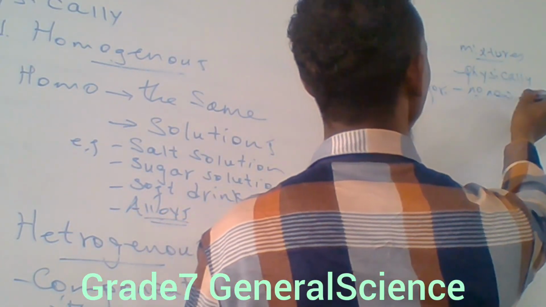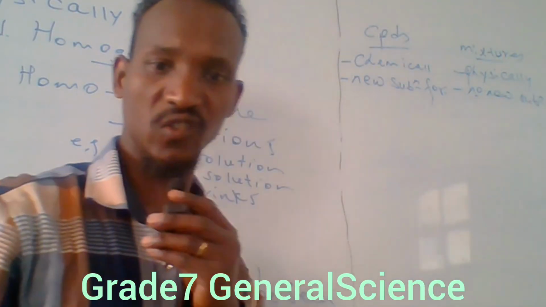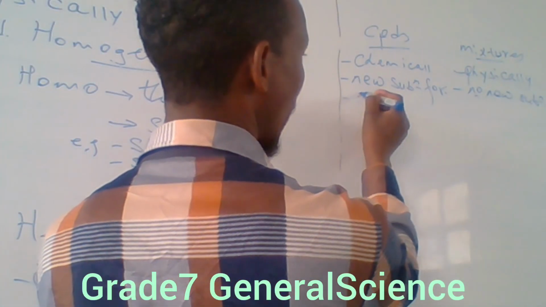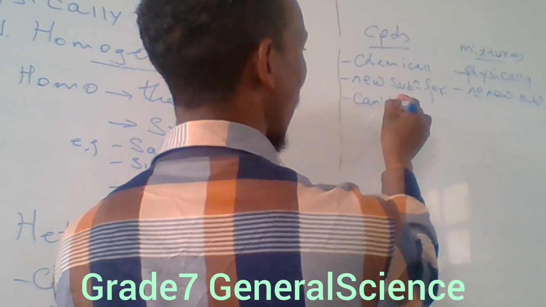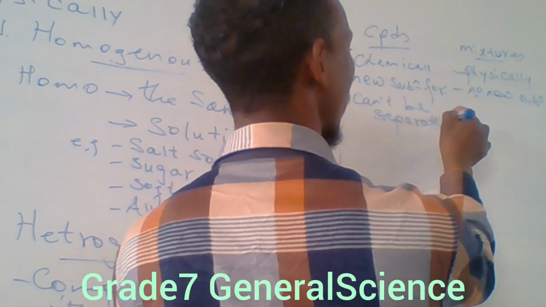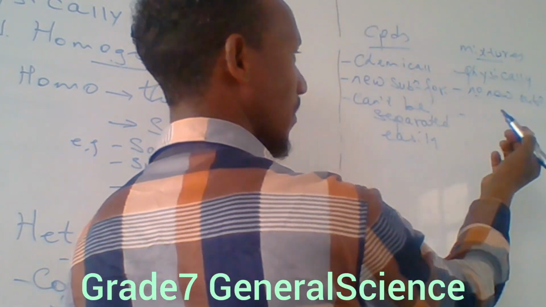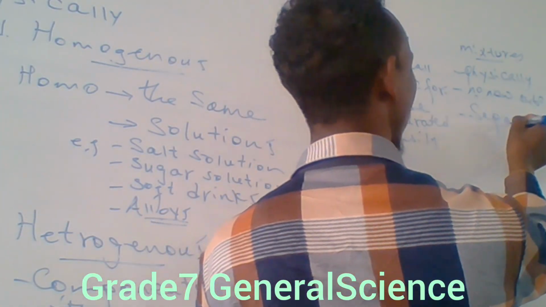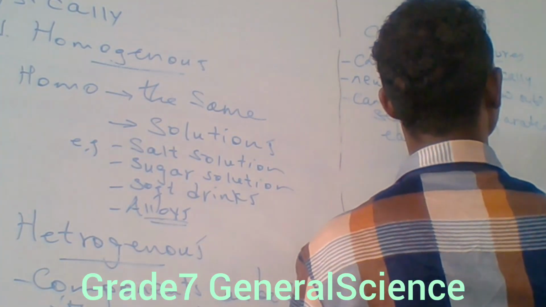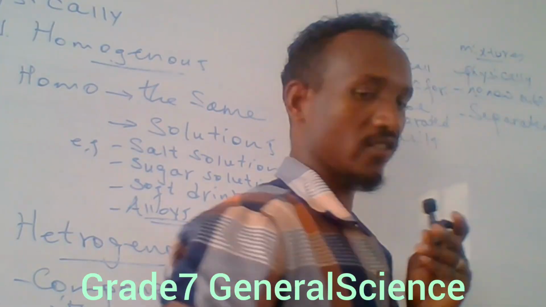Compounds cannot be separated easily, whereas mixtures can be separated easily into their components.